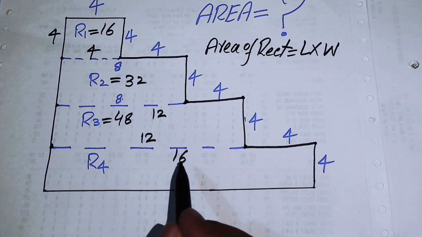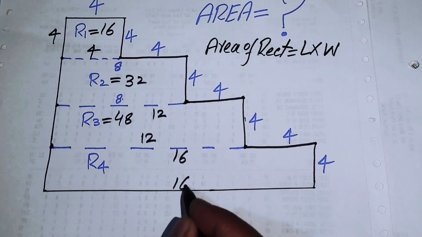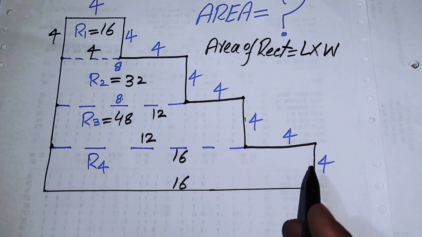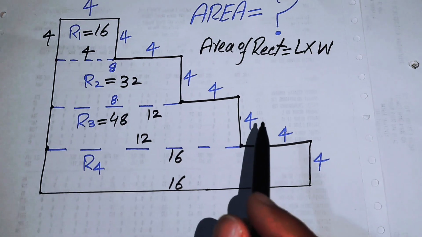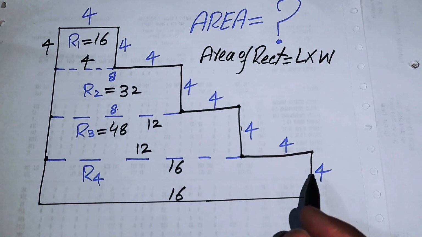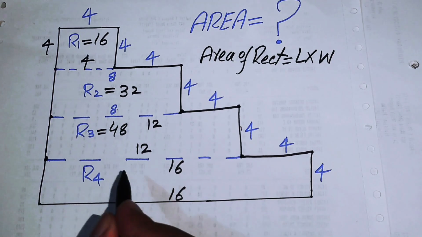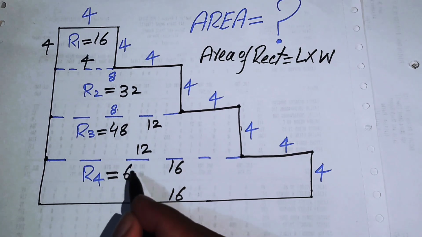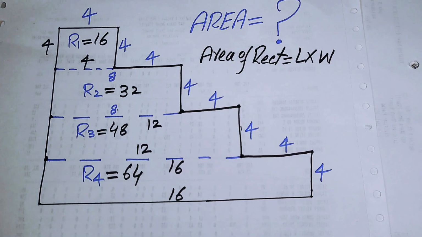Because it is a rectangle, the length of the opposite part is also 16, and the width is 4. Again using the area of a rectangle, 16 times 4 is the area of region R4. So 16 times 4 equals 64.